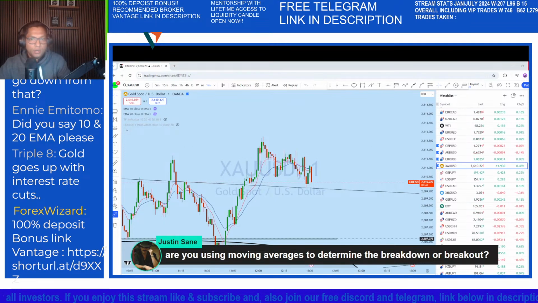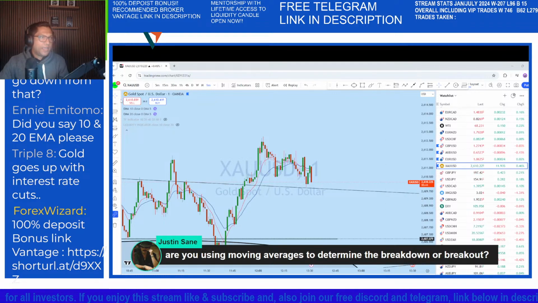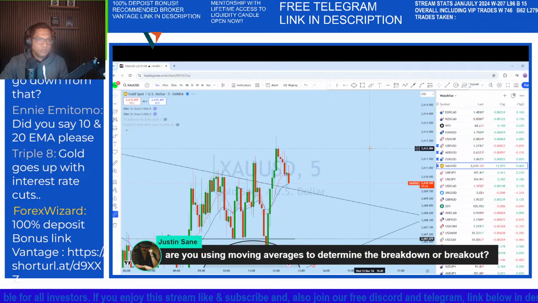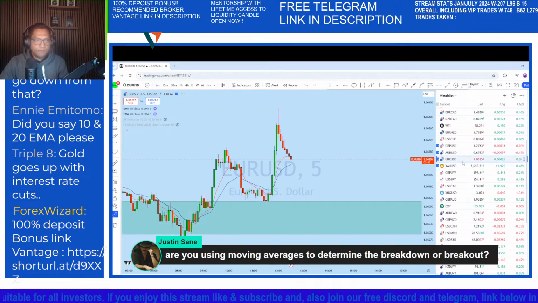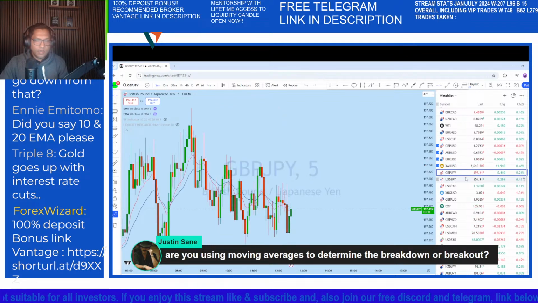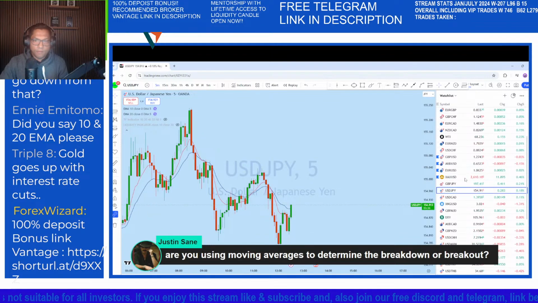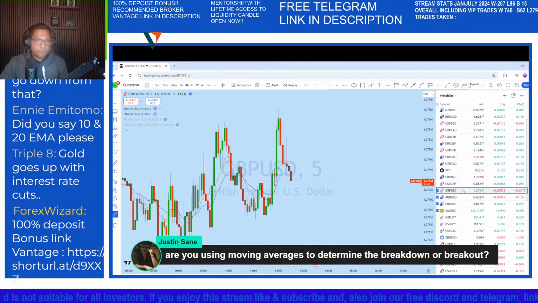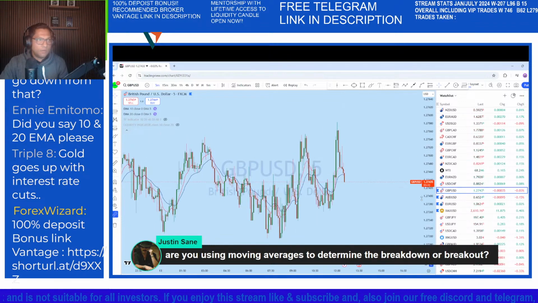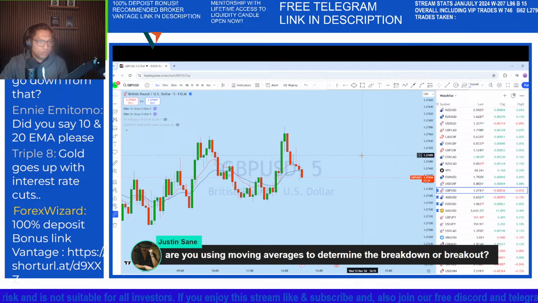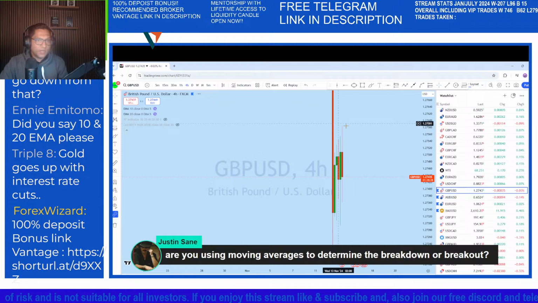All right, so looking back again on this, a couple of pairs that I'm looking at, GBPUSD also started to drop from that level.